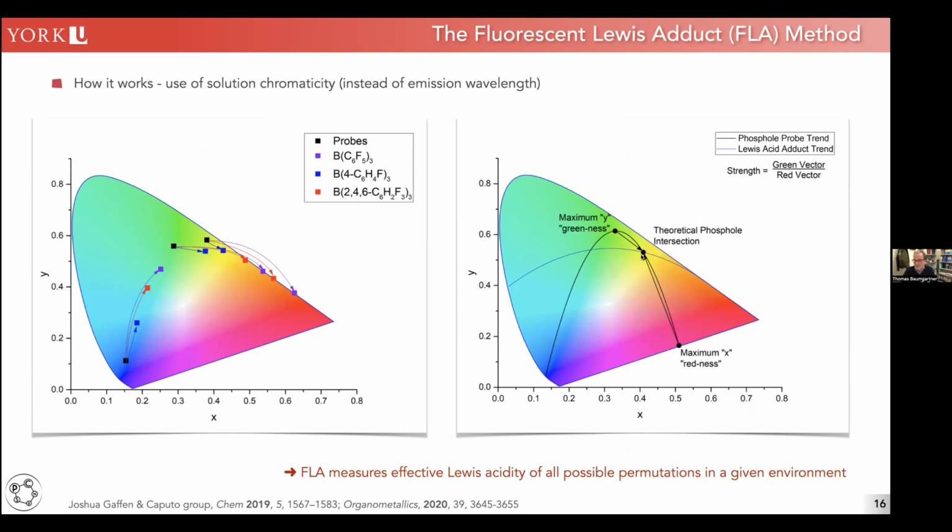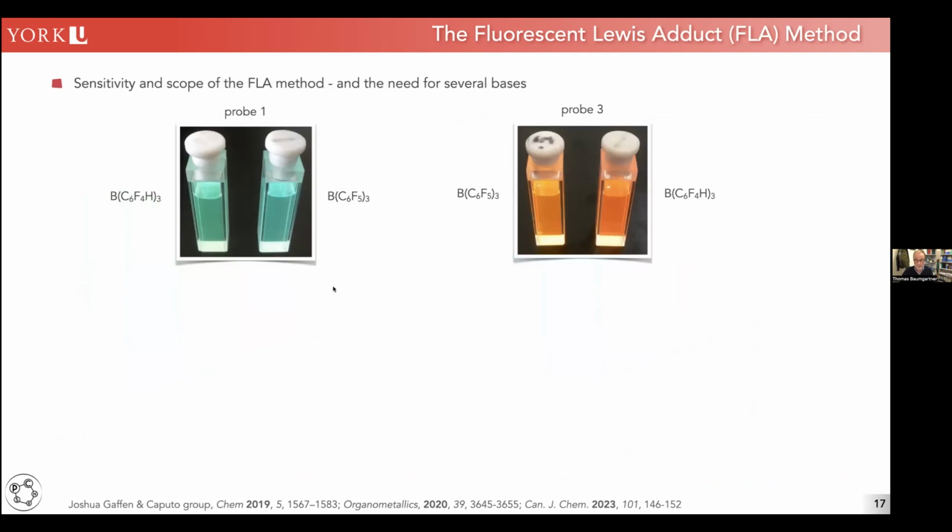Because we're now looking at the entire emission spectrum, we consider all the permutations. There may be 2 or 3 Lewis acids that bind, but that adds to the color of the solution. Ultimately that allows us to create an effective Lewis acid measurement, and it works really well when you combine it. Coming back to the absolute measurement, this is what I've shown you before. That was probe 1, the blue one, with the parahydro and the BCF, giving different shades of green.